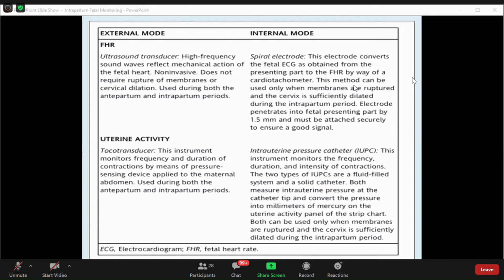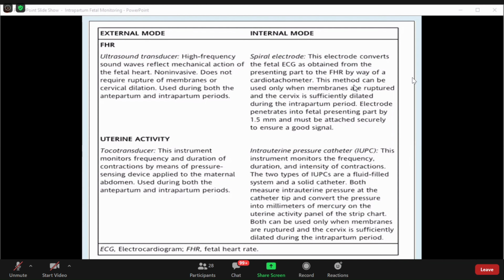So if a spiral electrode needs to be placed, and the fetus is in a cephalic presentation, it is placed on the fetal head.